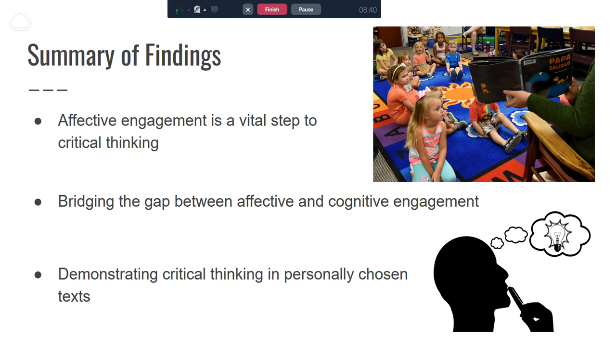So just like Dr. Spencer modeled critical thinking in terms of religious experience and religious critical texts onto the fiction books that we were reading, then he gave us the opportunity to practice for ourselves. So he demonstrated critical thinking, and then we personally chose our texts and modeled what he did.